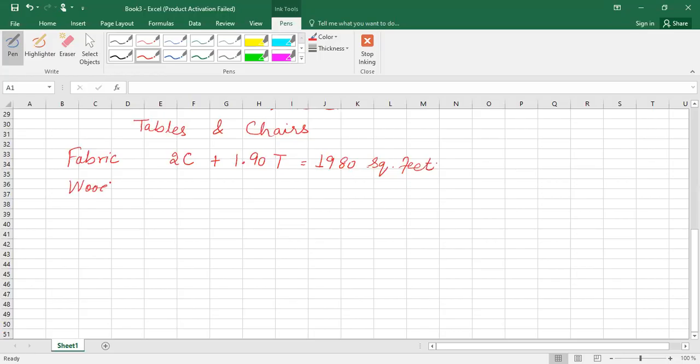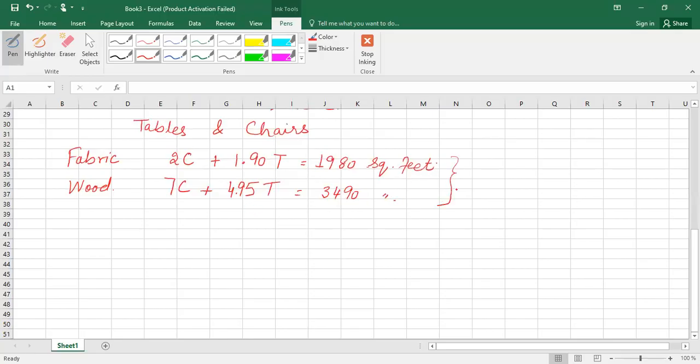Second one is wood. We need, suppose, 5, or rather 7 square feet of wood for chairs, and we need 4.95 square feet of wood for a table, and maximum we have 3490 square feet of wood.